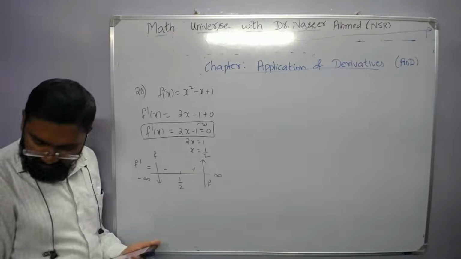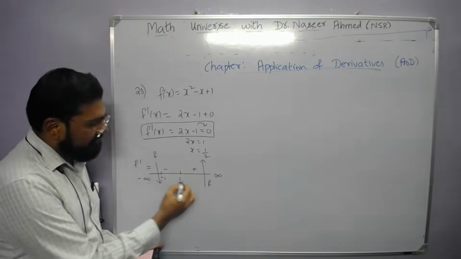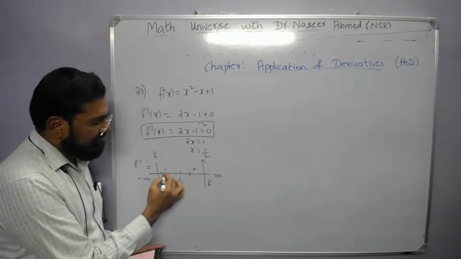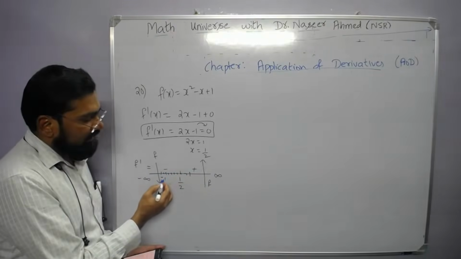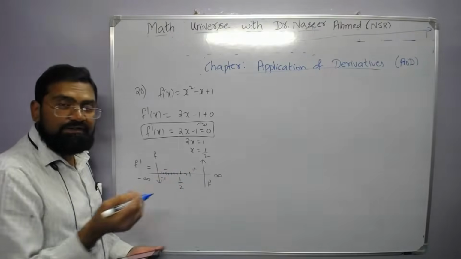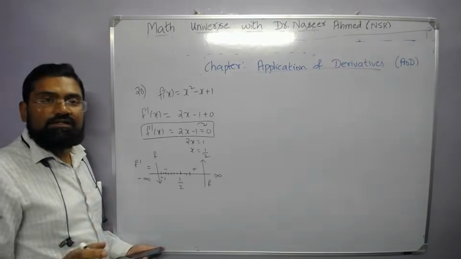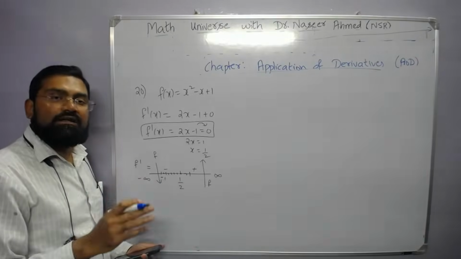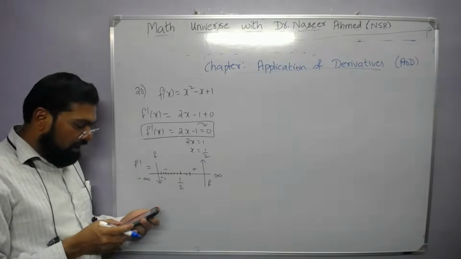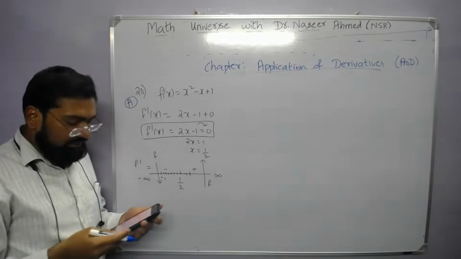Minus 1 is here and 1 is here. So in this interval, minus 1 to half it is decreasing. Half to 1 is what? It's increasing. It's giving two different behaviors. It should be either increasing or decreasing. So minus 1 to 1, it's neither increasing nor decreasing. Option A is correct. No problem, I still want to check the remaining options.